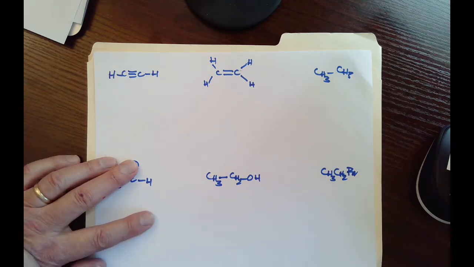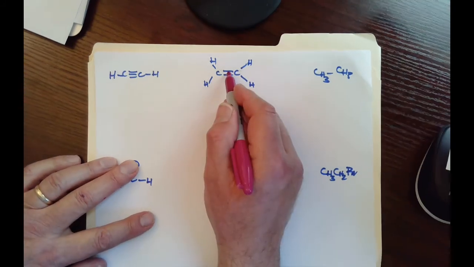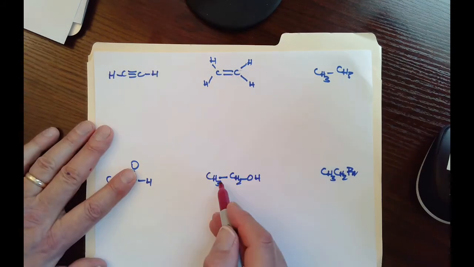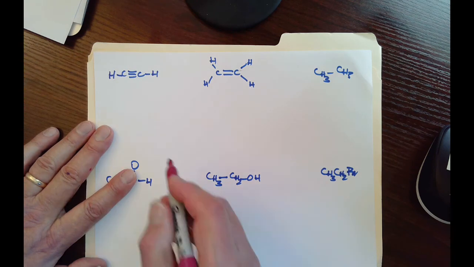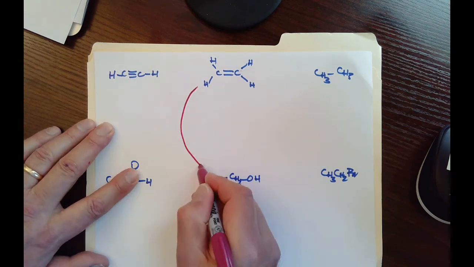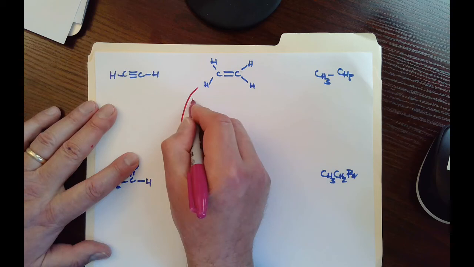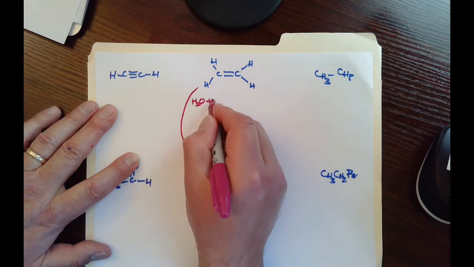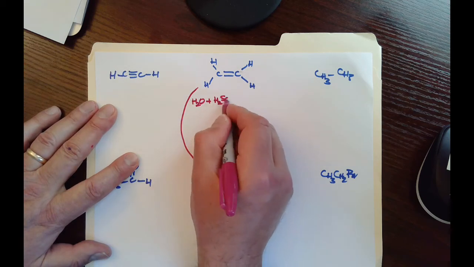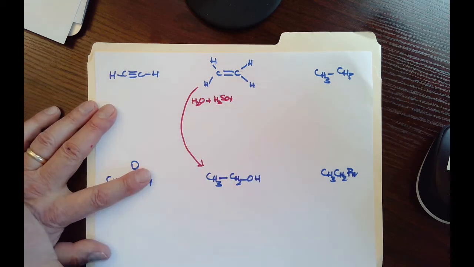So we're looking at the alkene, which is ethylene here, to ethanol. We had two ways to do that, remember? We either add water plus sulfuric acid, and that adds H and OH.